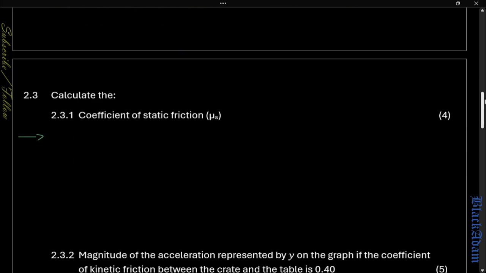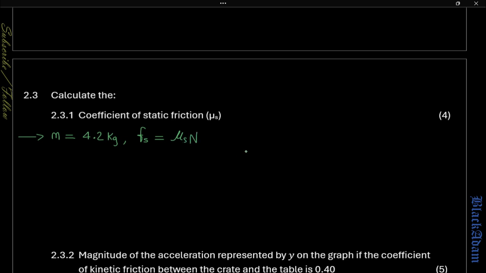The acceleration is 0, so at that point the object is not moving, and that's the maximum point at which it's not moving. After that the object starts to move, so the mass is 4.2. Then we have friction, static, not kinetic, which is the static coefficient multiplied by the normal force.